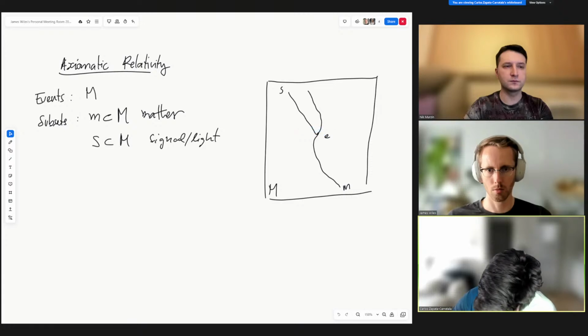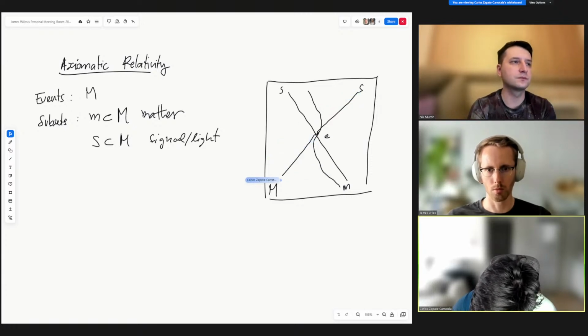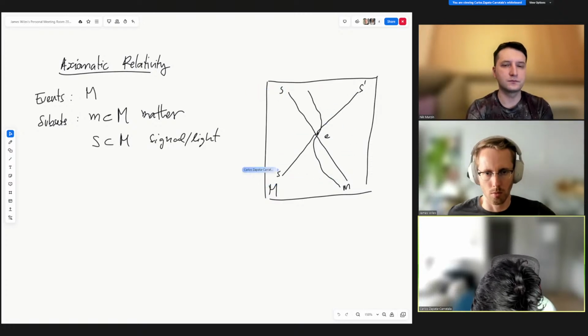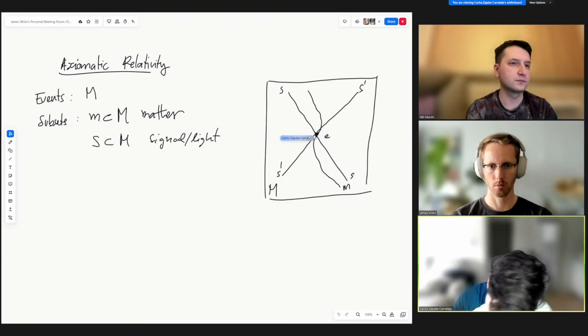right? And so basically the way you understand is that there's a light cone structure, that goes like that. So that's S, maybe this is S prime. This is S as well. And this is M, right?